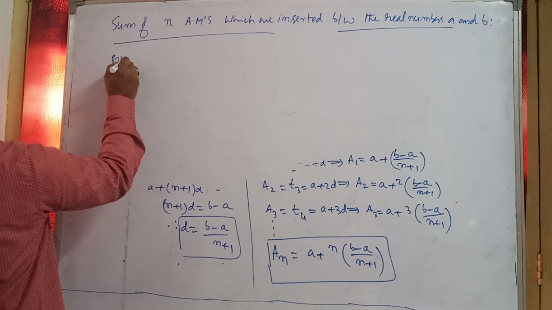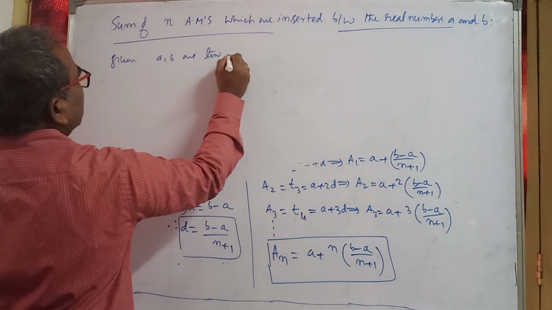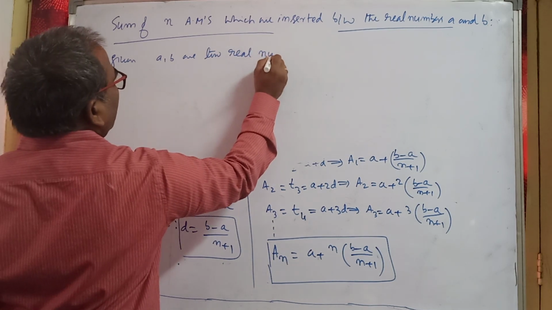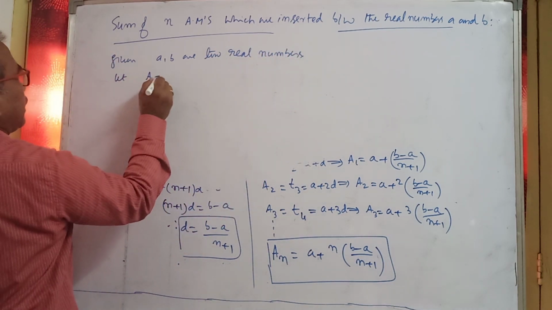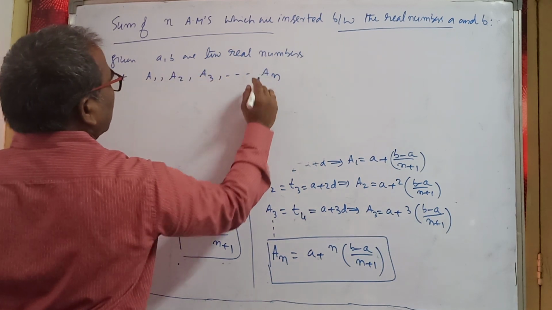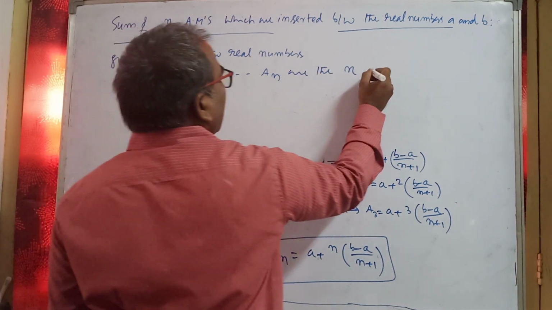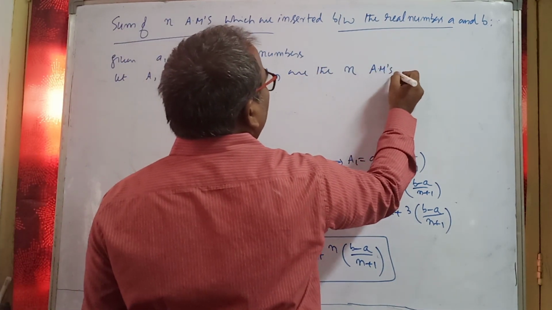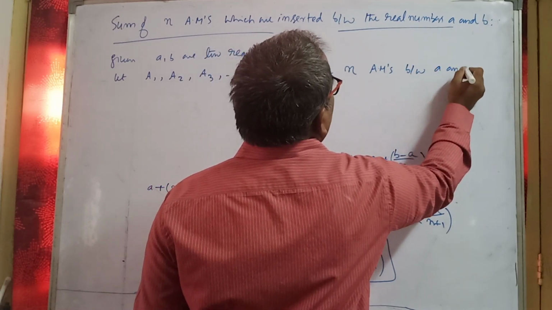What is given here? First of all, a, b are two real numbers. Let a1, a2, a3, ..., an be the m arithmetic means between a and b.